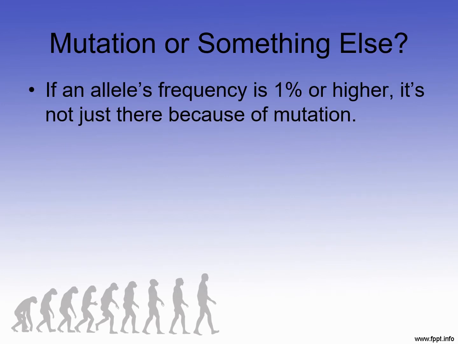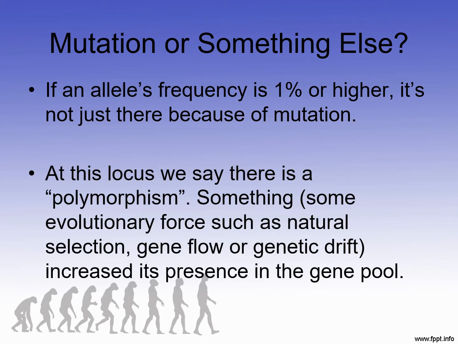So if an allele's frequency, though, is 1% or higher, it's not just there because of a mutation, right? Some sort of evolutionary force has latched on to that mutation and has started to perpetuate it within the population. So at this locus, we say there is a polymorphism, right? Some evolutionary force, such as natural selection, gene flow, or genetic drift, has increased its presence in the gene pool.